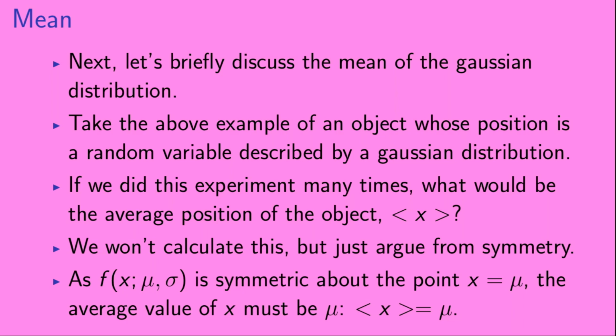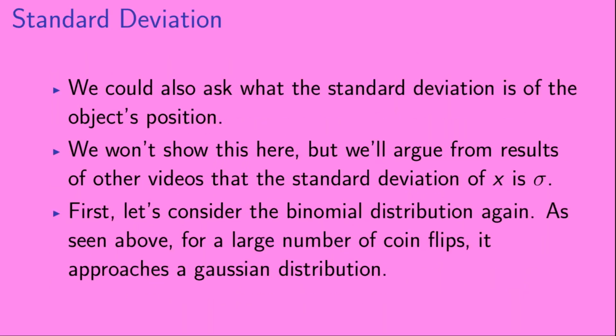As f of x given mu and sigma is symmetric about the point x equals mu, the average value of x must be mu. So the mean of x is equal to mu. We could also ask what the standard deviation is of the object's position. We won't show this here, but we'll argue using results from other videos that the standard deviation of x is equal to sigma.